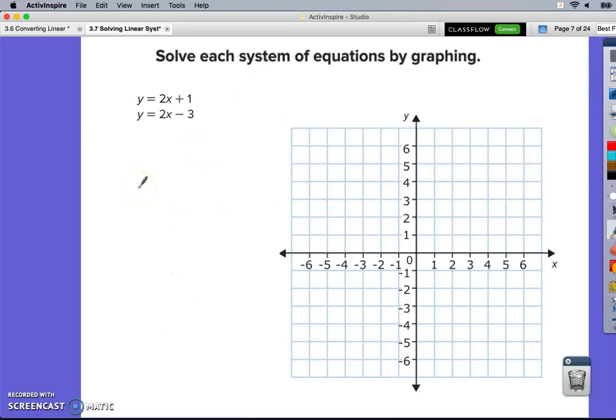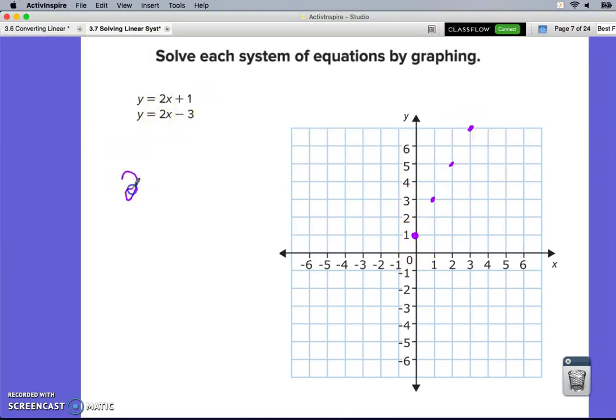Okay, the next one: y equals 2x plus 1, and then y equals 2x minus 3. We'll start with our plus 1 right here. That means I'm going to put a dot on the y-axis, and then I go up 2 over 1, up 2 over 1, up 2 over 1.